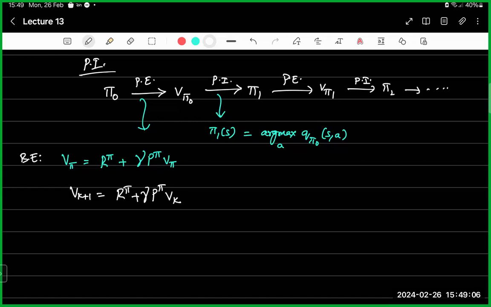What techniques did we study? The Banach fixed point theorem. Do you remember? If there is a function from Rn to Rn, which takes a vector in Rn and gives you another vector in Rn, and it's a contraction mapping, that is, if you take two vectors in that space, the distance between them decreases after applying the function, then we call it a contraction mapping.